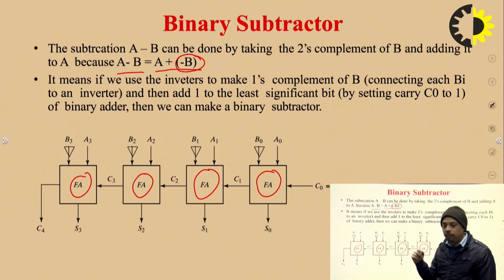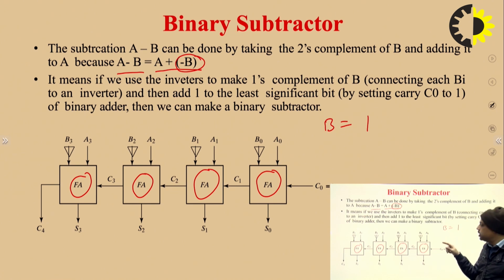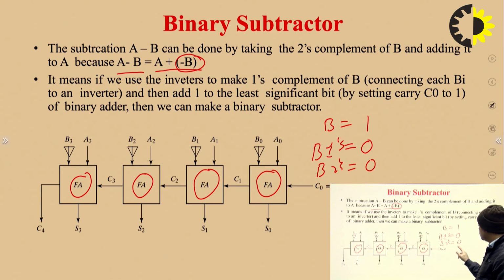So how can we generate the second complement? Let's suppose B is equal to 1, then the first complement of B is 0, that is the flip of the number, and the second complement of B is this 0 plus 1, that is equal to 1 again.